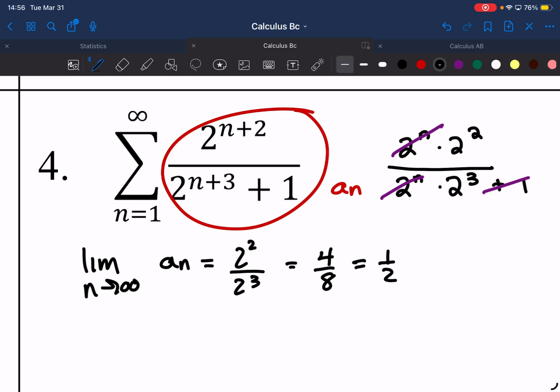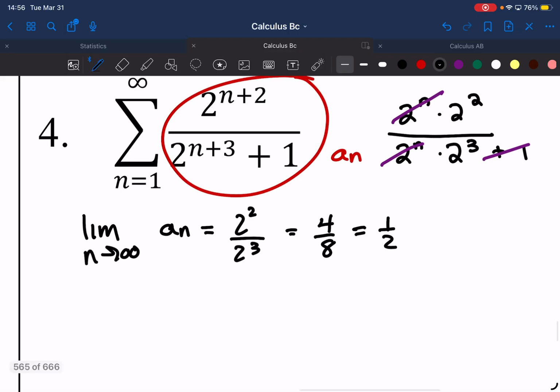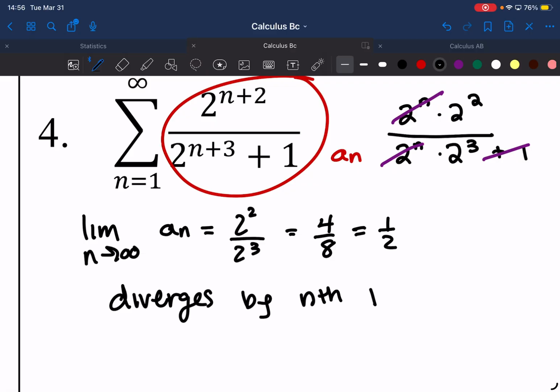They're the same, so I cancel them out. Since this is not equal to 0, I can say that this series diverges by the nth term test. Have to include my justification.